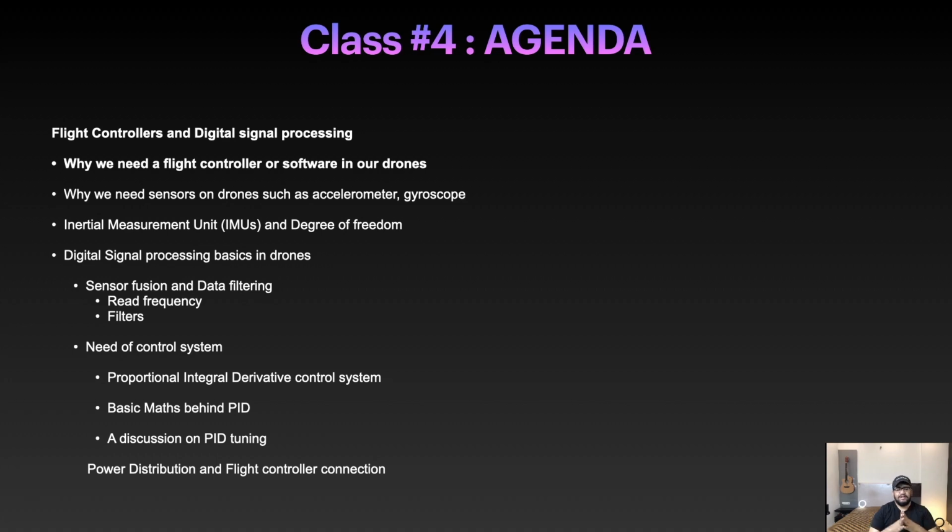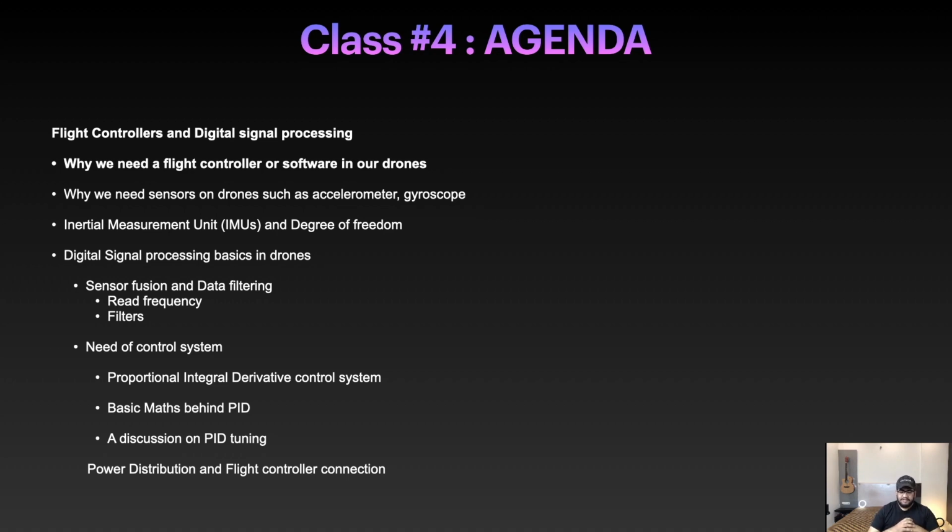And similarly, why do we need sensors in our drone? There is an accelerometer, there is a gyroscope, and we'll also touch on how many sensors there are, and why we need them. We'll also talk about what an inertial measurement unit is and degrees of freedom, and this is quite an interesting topic. Then we'll talk about the basics of digital signal processing and what kind of signal processing we actually need when we are making drones.